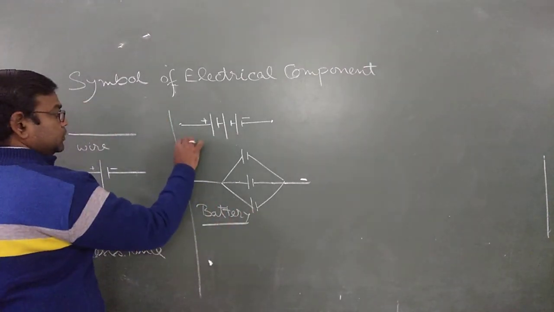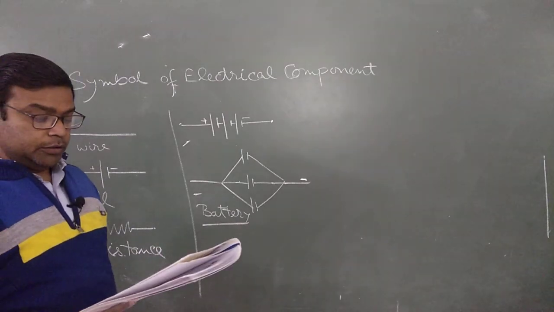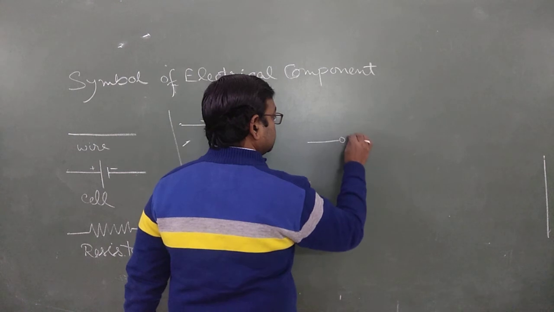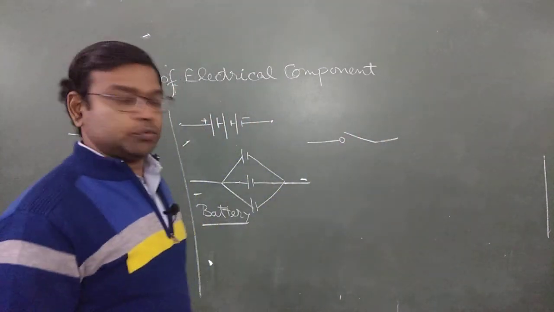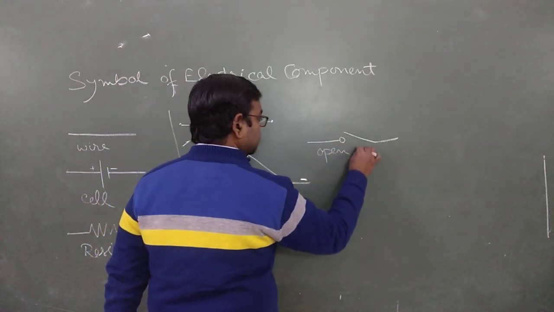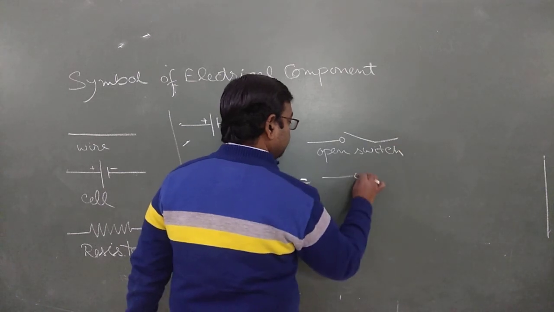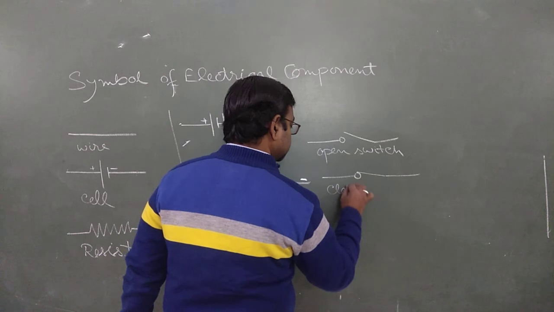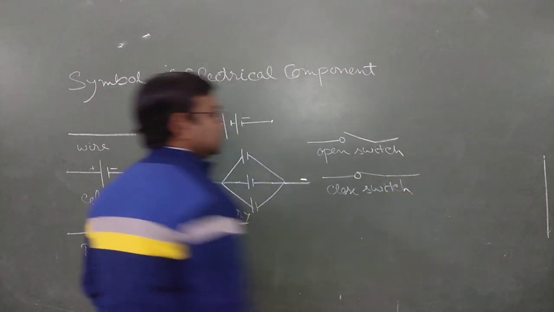Both this one and this one. Now we have a switch. This symbol is for open switch, means no current can flow in the circuit. It's an open switch, and if we have this type of symbol, this is your closed switch.